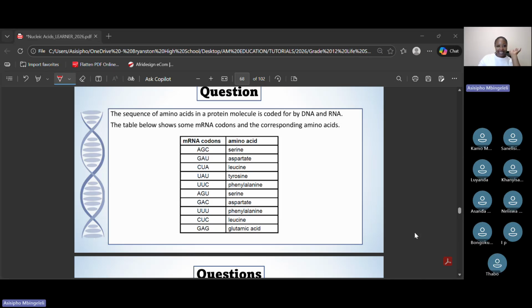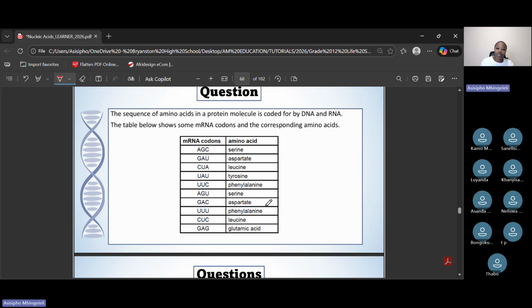Okay, let's finish, guys. 5 minutes is done. The sequence of amino acids in a protein molecule is coded for by DNA and RNA.